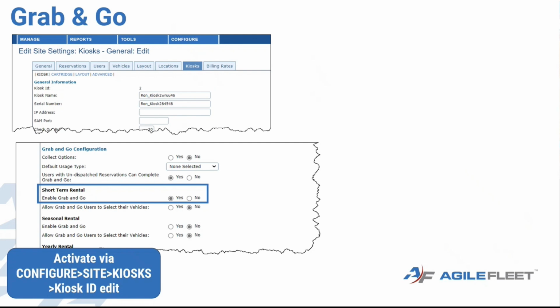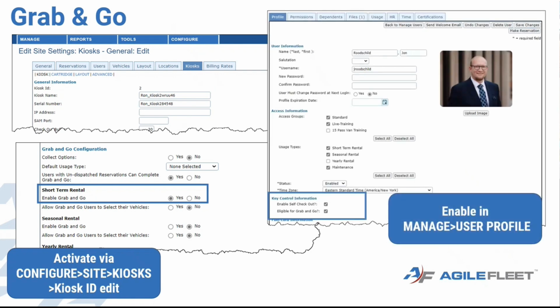In addition to that, you always want to bear in mind that the ability to check out vehicles as grab and go can be customized down to the individual person's level.